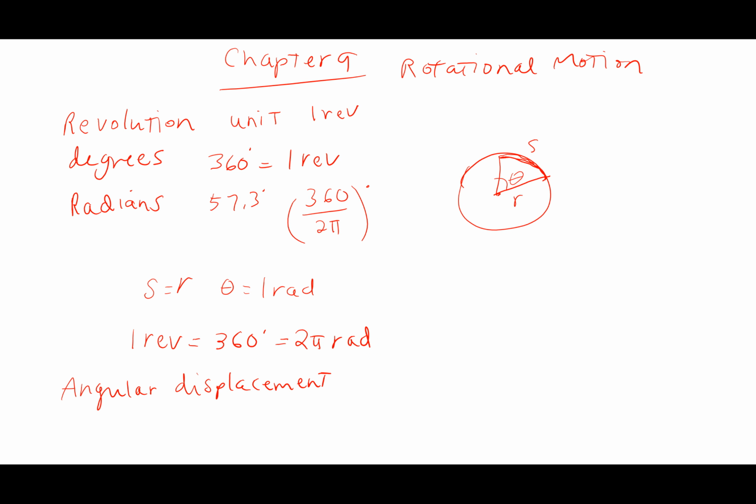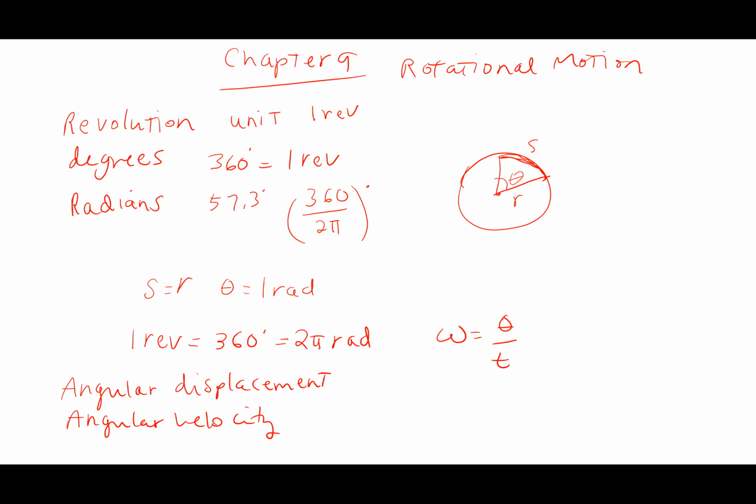Now, there's also something called angular velocity. Angular velocity, in a rotational system, is the rate of angular displacement. So you'll see a formula, it's kind of like a fat W, omega equals theta over t, where omega is the angular velocity, theta is your angle, and t is time.